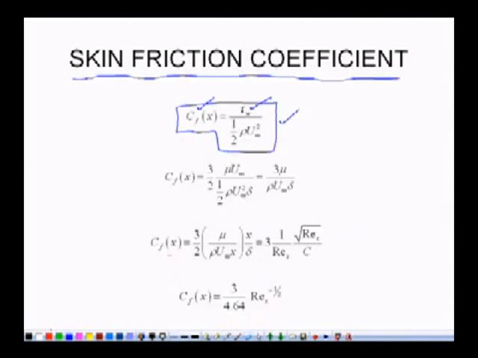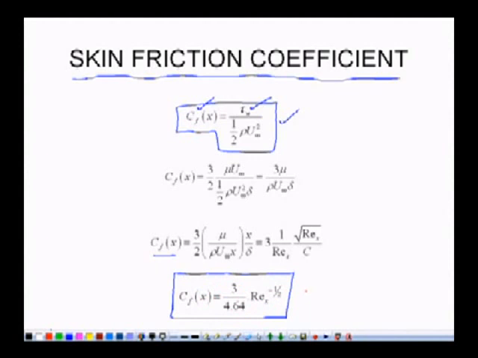Substitute this tau w in this equation and we will get Cfx. Ultimately we will get this value for the velocity profile which we have selected for solving this problem. Cfx is equal to 3 divided by 4.64 Rex raised to minus half. This is the local skin friction coefficient.